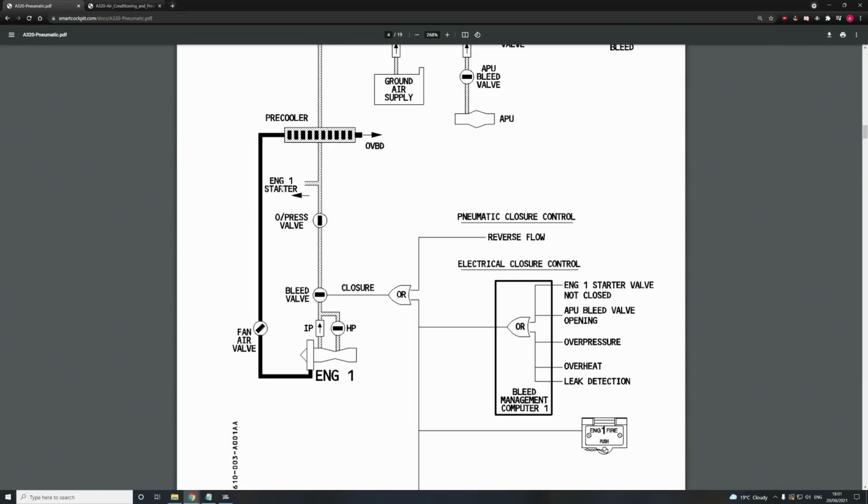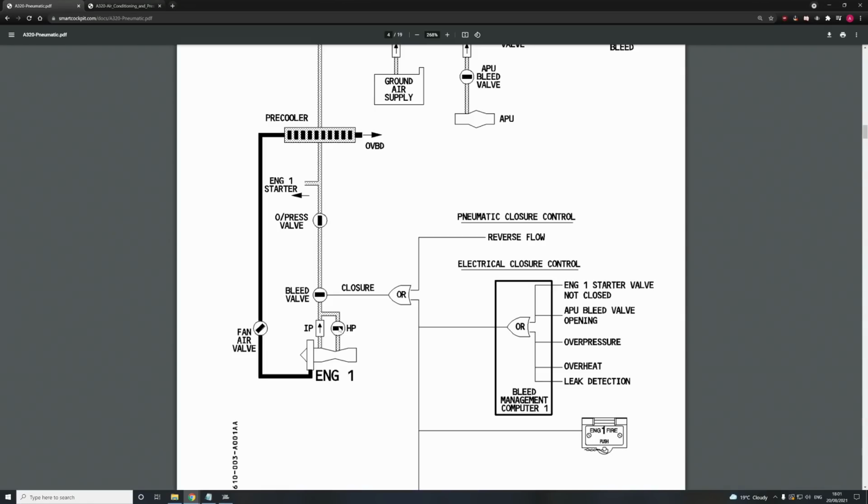And that necessitates this high pressure valve right here opening and supplementing the pressure regulation process by also feeding from the high pressure stage. This entire process and this valve is controlled by the bleed monitoring computers.